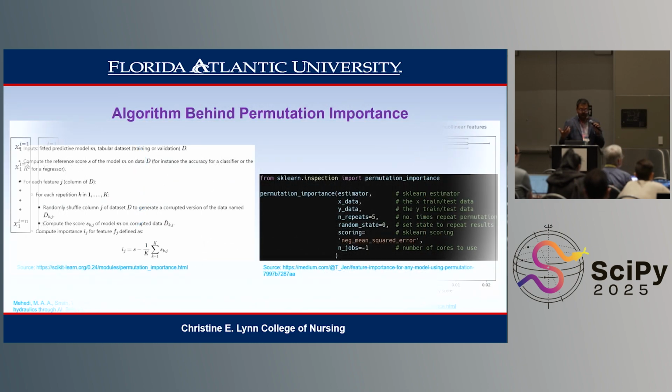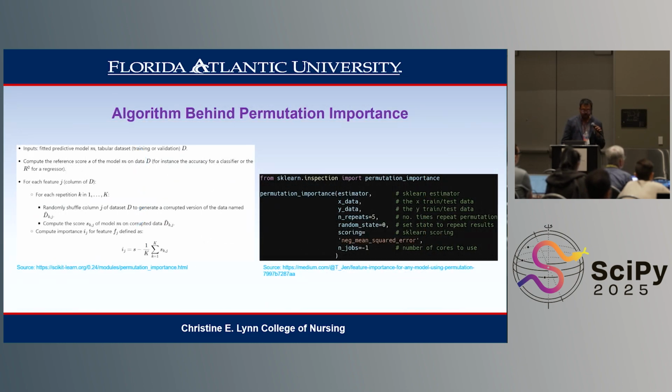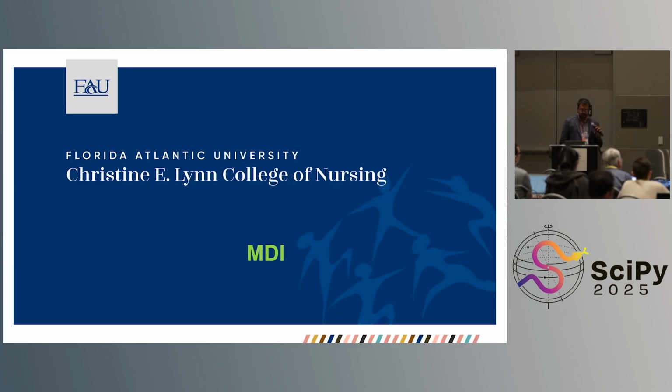But since this is a randomized algorithm, we don't just randomly shuffle once. We shuffle it a couple of times, look at how the error changed for k number of shuffles, and then we average it out. What's the prediction error change for the k different shuffles, and then we get the importance based on how large that error was from the shuffle.